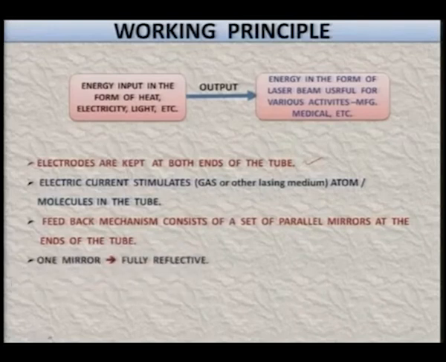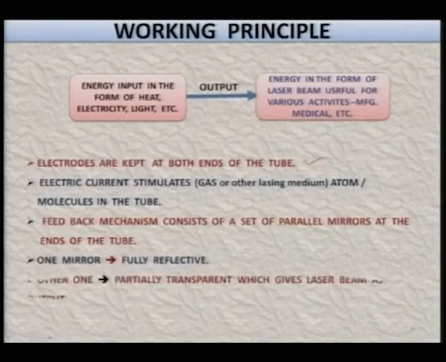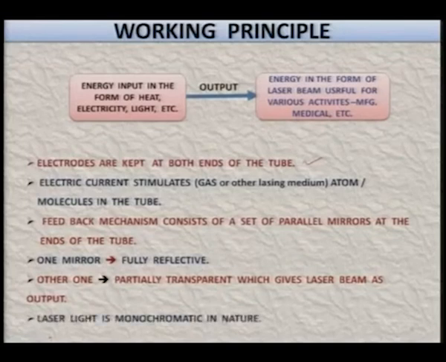One mirror is fully reflective, while another mirror is partially transparent, which gives the laser beam as output useful for various activities, and laser light is monochromatic in nature. This is a very important characteristic of laser light, in contrast to the sun rays or sunlight.